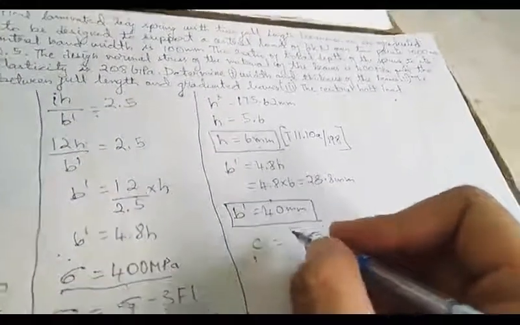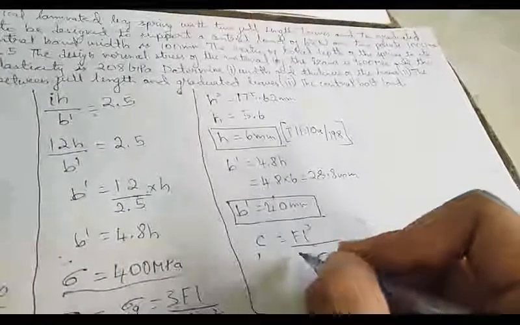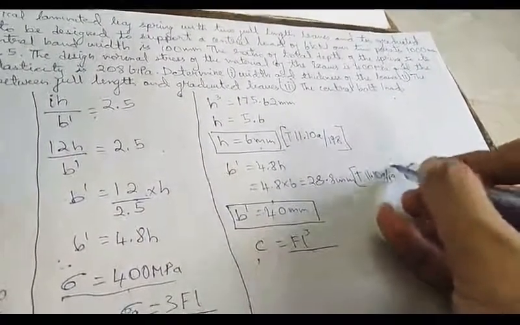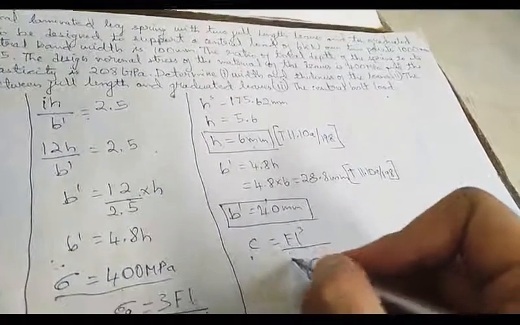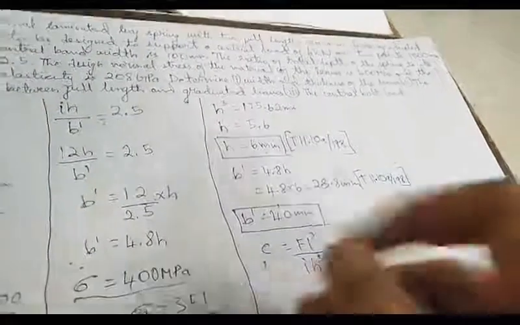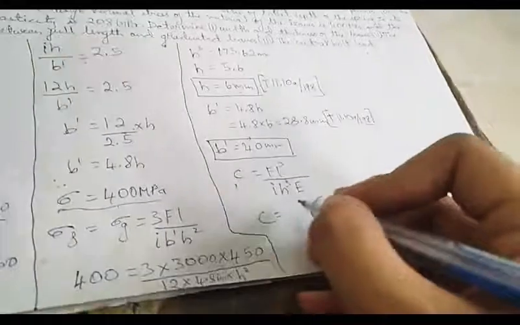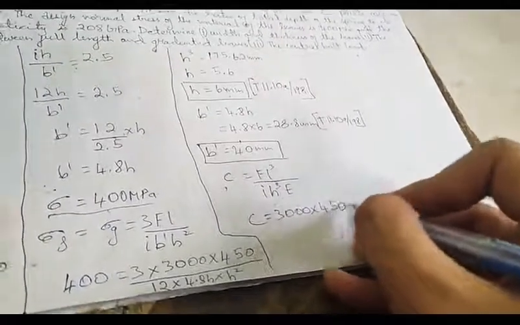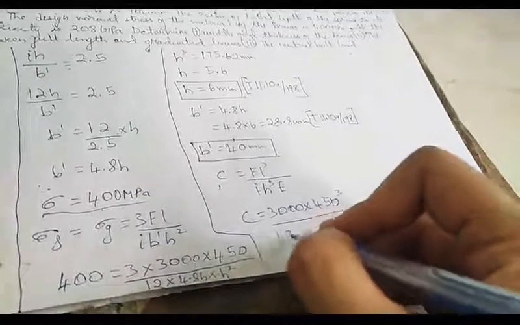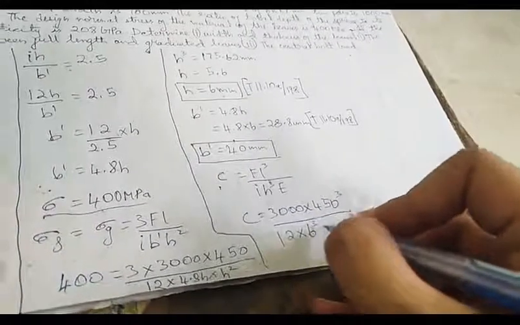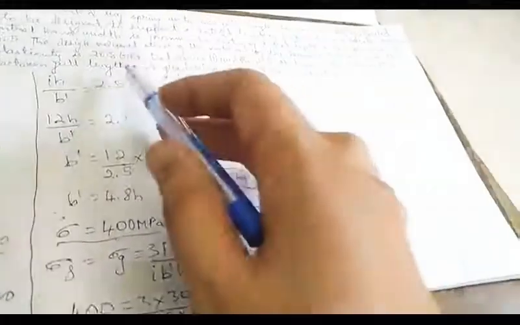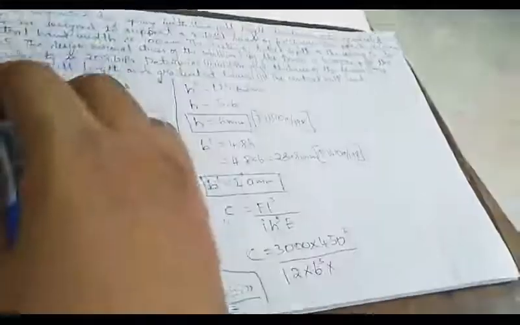C is equal to FL cube divided by I H cube E. F is 3000, L cube is 450 cube, divided by I is 12, H is 6, and the value of E they have given as modulus of elasticity 208 GPa.